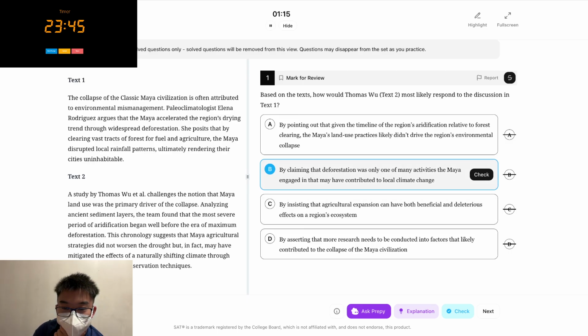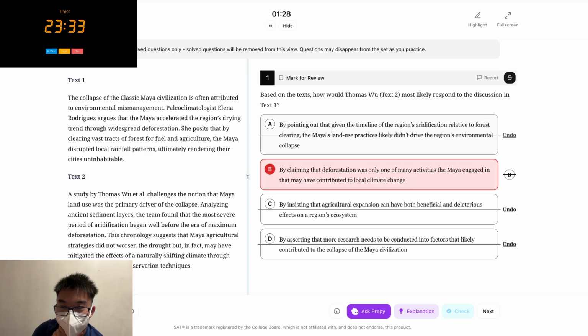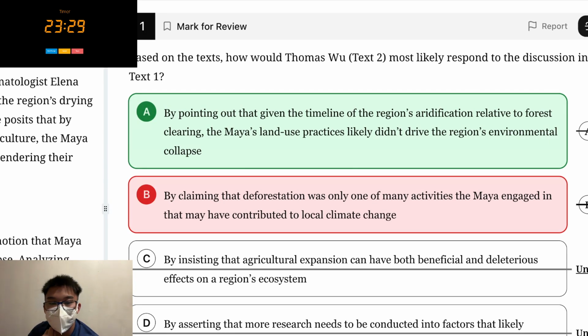Yeah, they're not really this. Not really this. This one's A, okay, I guess. I guess it might have been this actually. Okay, pointing out given the time period of religion relative to the forest clearing, land use practice likely did not drive the environmental collapse.